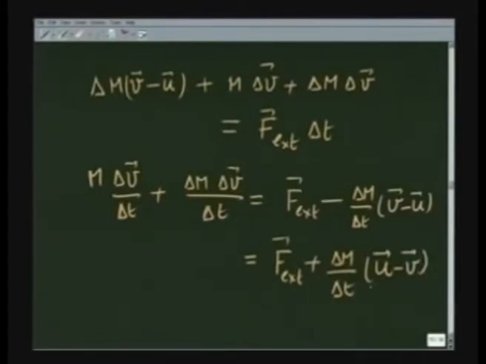I do so because this quantity I then recognize is nothing but u relative, the velocity of mass delta m with respect to my initial mass. So, the system that I am focusing on satisfies this equation.